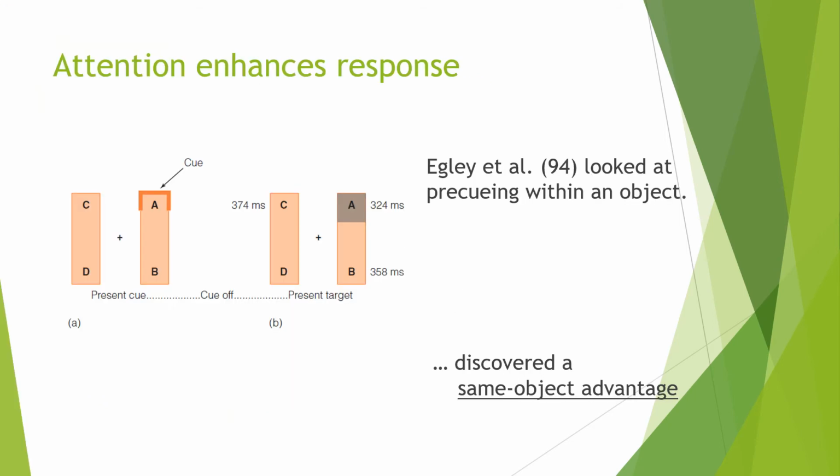Egly et al. in 1994 extended Posner's research by looking at pre-cueing within an object. And so I'm going to try to describe this as best I can.